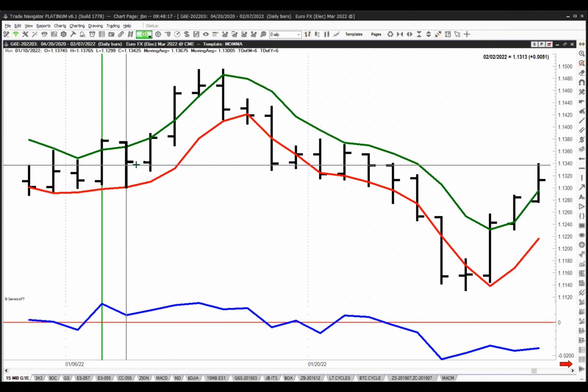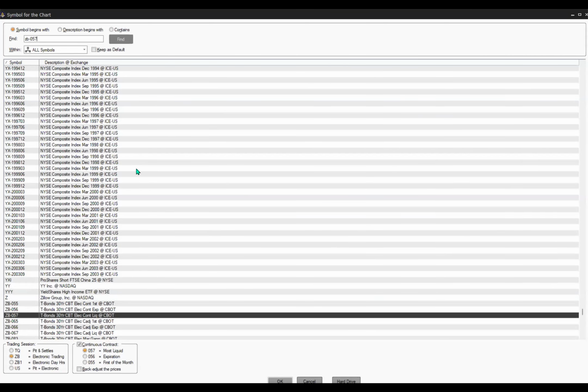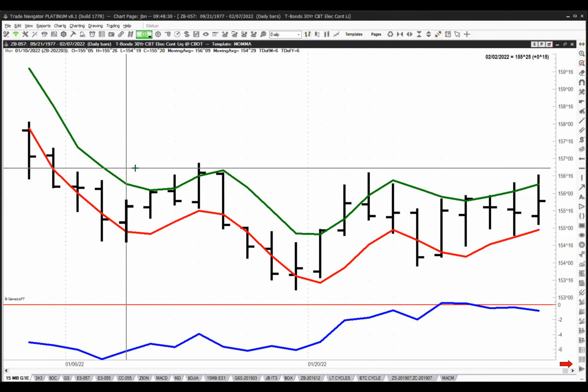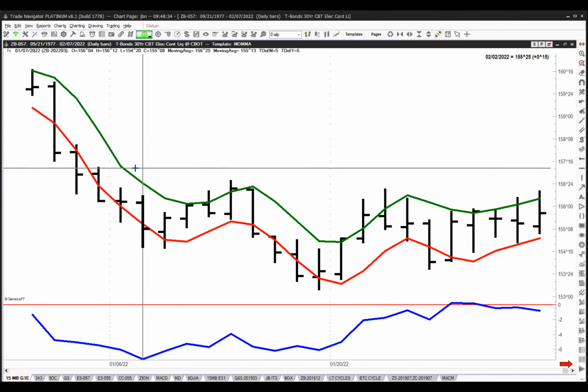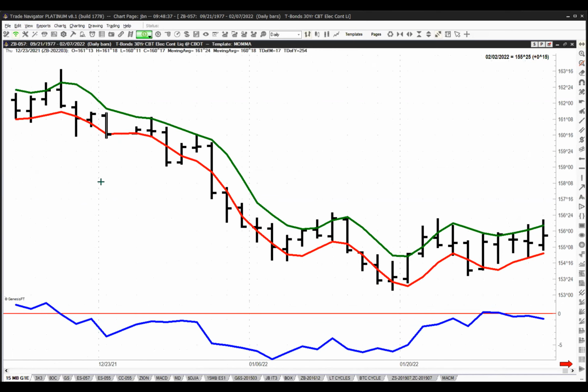And this works extremely well with the bonds. Let me show you what I mean. The 30-year US bond. And you'll notice all the way back here is where the trend turned bearish, right here.